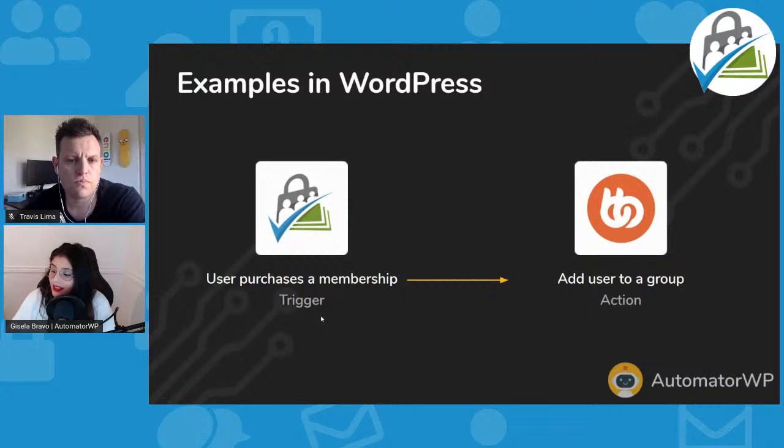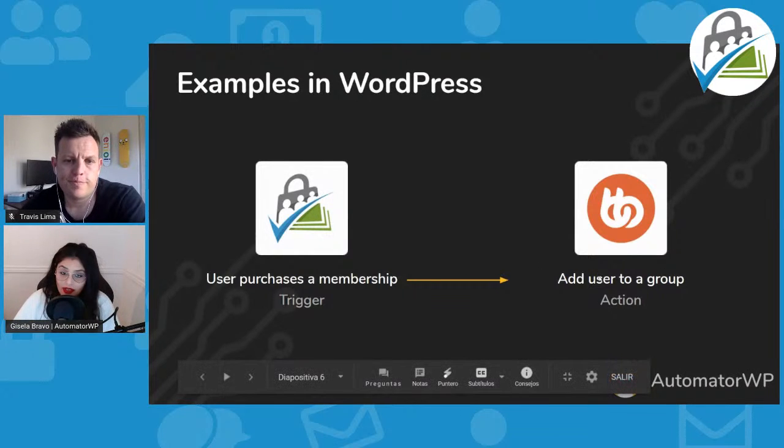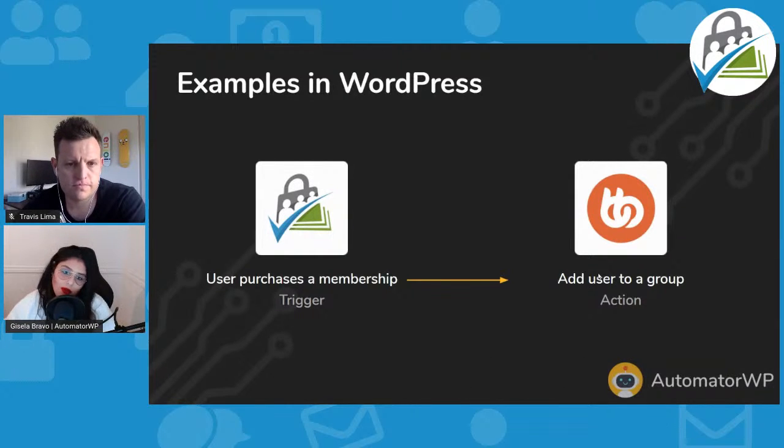And this is the action. This is what happens when the trigger starts. When the automation starts, then something happens. In that case, it is when the user is added to the group.